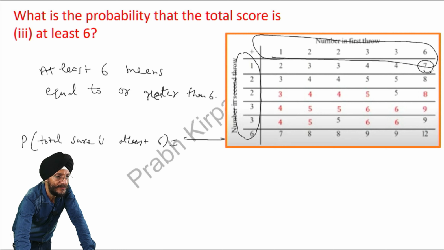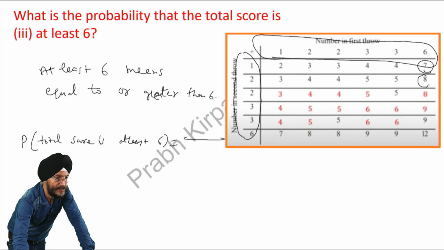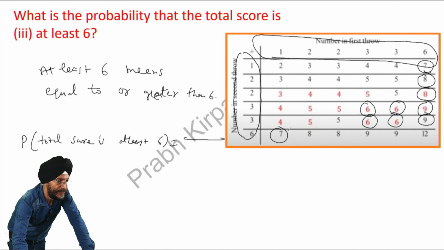Here it is the first. Here it is more than 6. It is also more than 6. It is more than 6. 4, 5, 5. Is it equal to 6? 6, 9, 4, 5, 5, 6, 6, 9, 7, 8. All these are more than 6 or equal to 6.